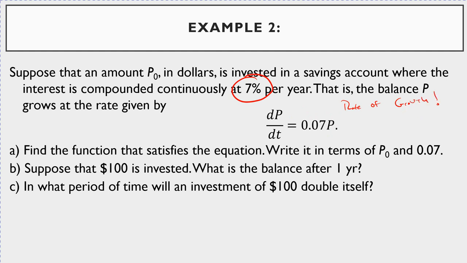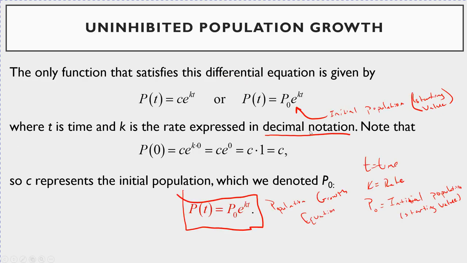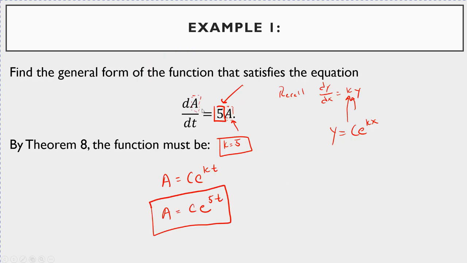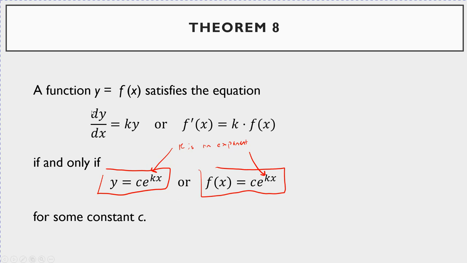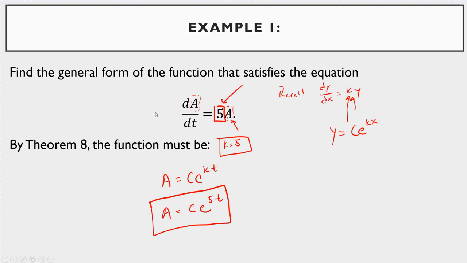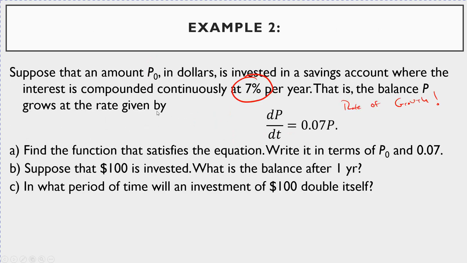So think about what's going on here. If you look back here, this dy/dx, they're giving you k. They're telling you the growth rate, so you can tell right off the bat that this is my k.